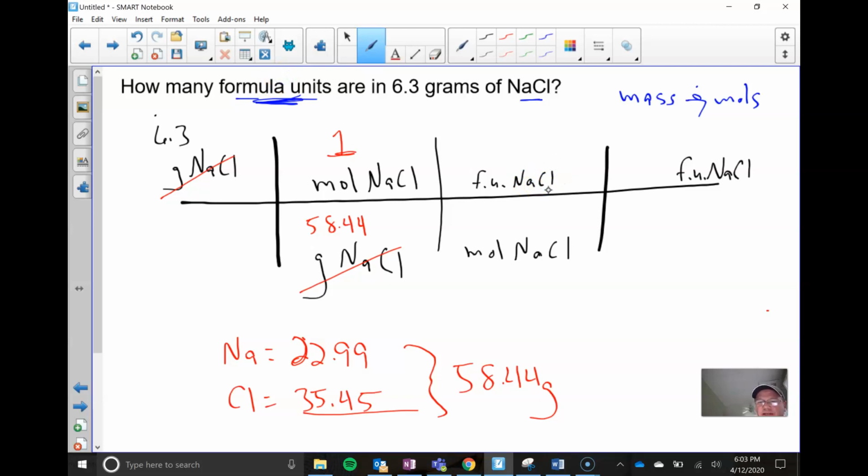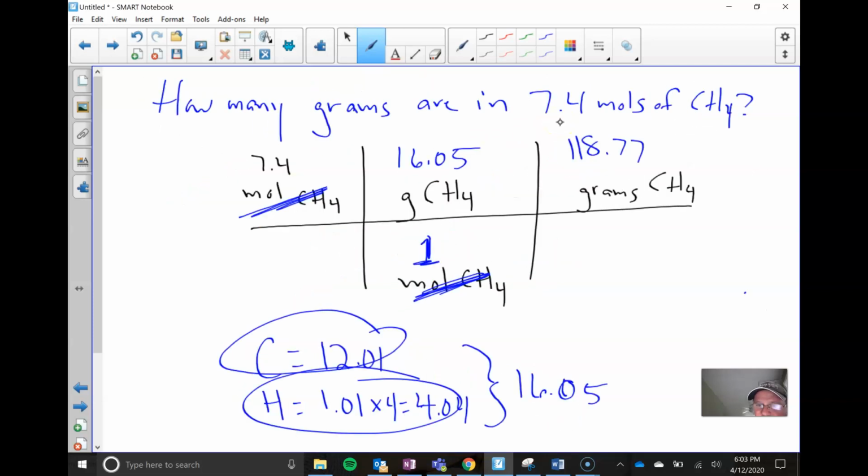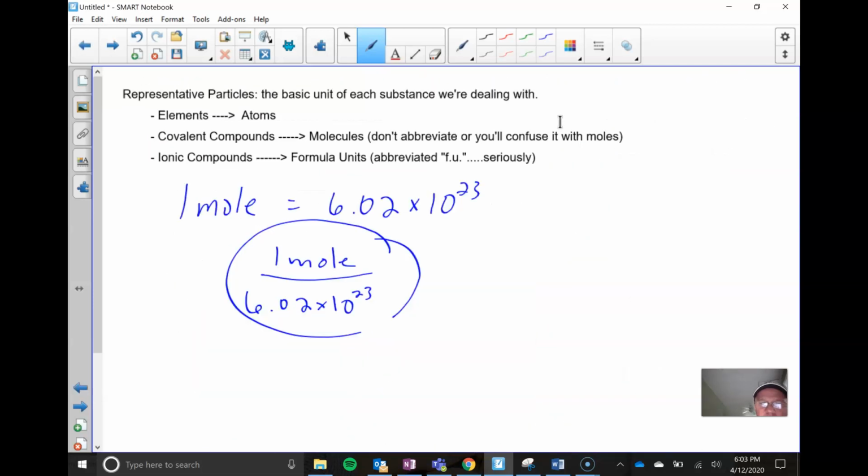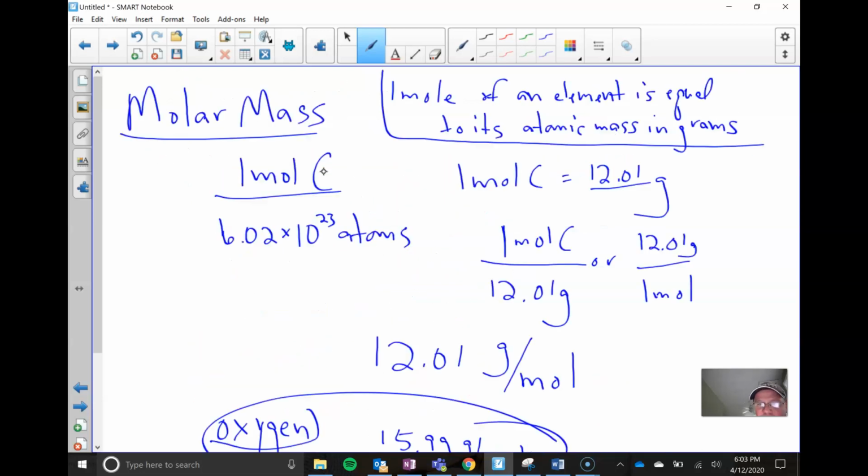Okay, so now let's analyze this relationship. Way back here at the very beginning, we said that ionic compounds deal with formula units, and 1 mole of anything is 6.02 times 10 to the 23rd formula units of that if we're talking about ionic compounds.